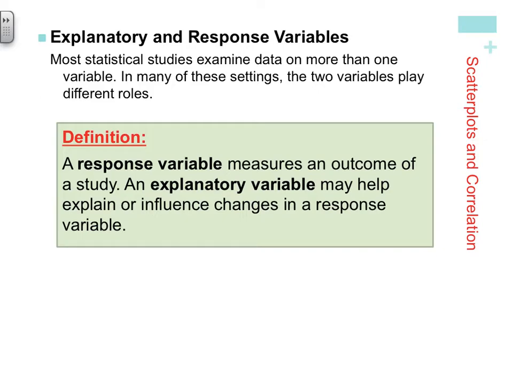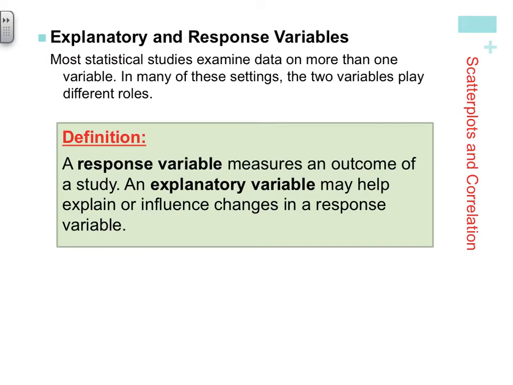Okay, so what you're going to do is you're going to give different amounts of certain medication to, let's say, a lab rat, and you're looking to see if that causes a change in the body temperature. So the explanatory variable would be the amount of the medication that you give, where the response variable is going to be the change in the body temperature. So it's responding to the explanatory variable.